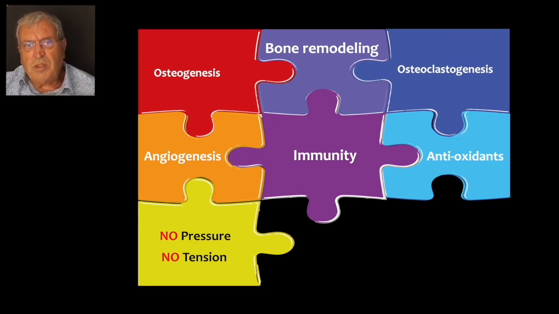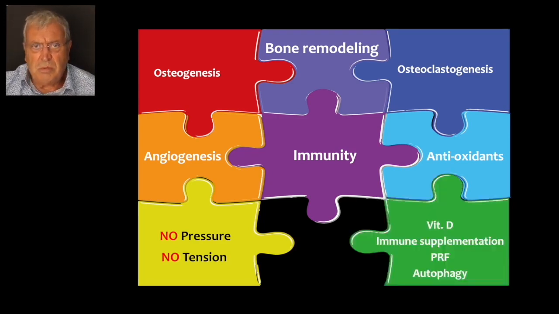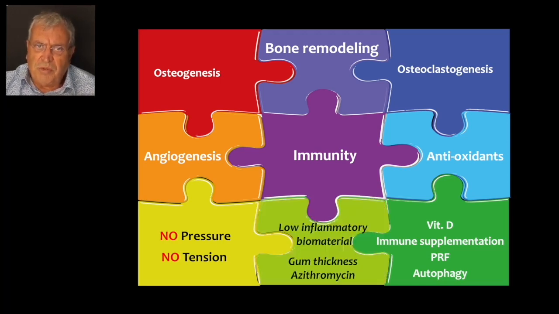If we want to increase the antioxidant, we know the solution: vitamin D, all the immune supplements, PRF, autophagy. If we want to have a good immune response, we need to avoid the inflammatory biomaterials, meaning synthetic or bovine.